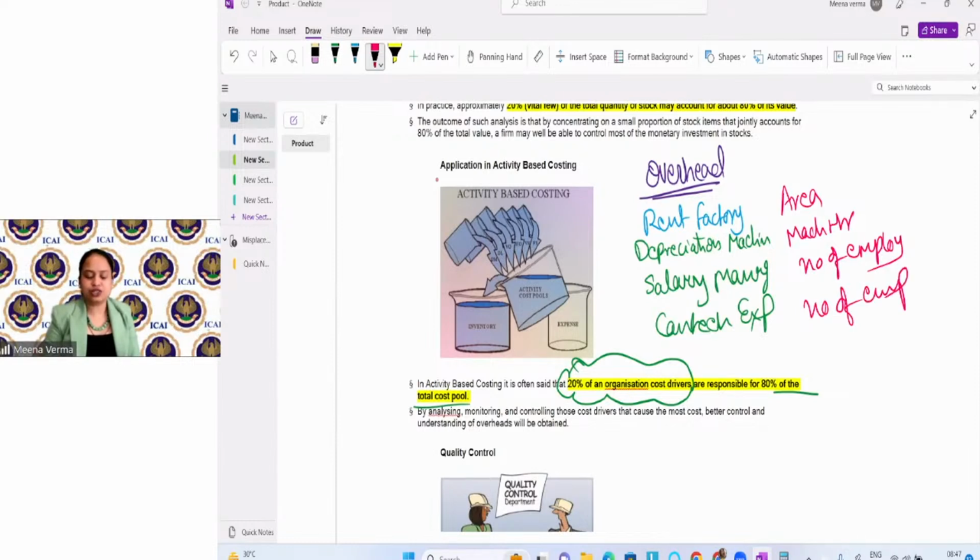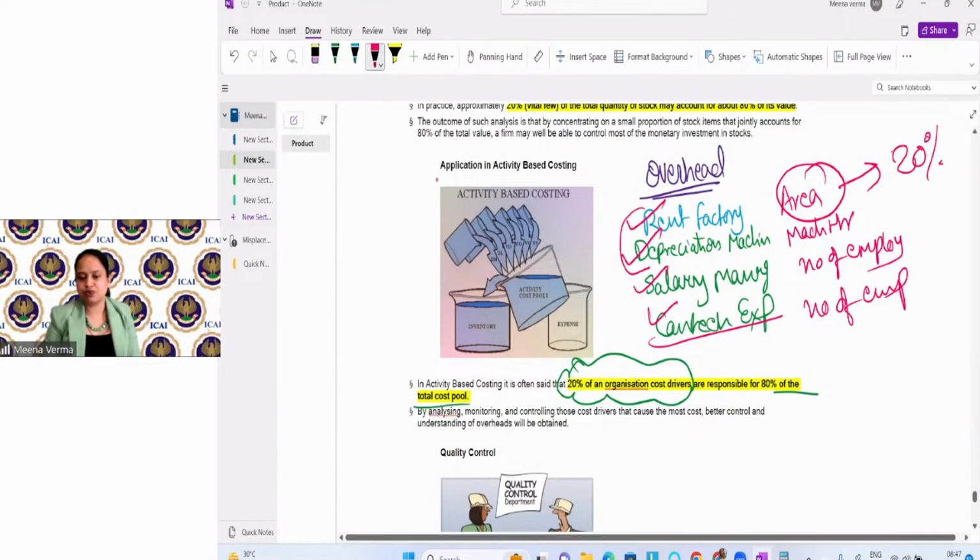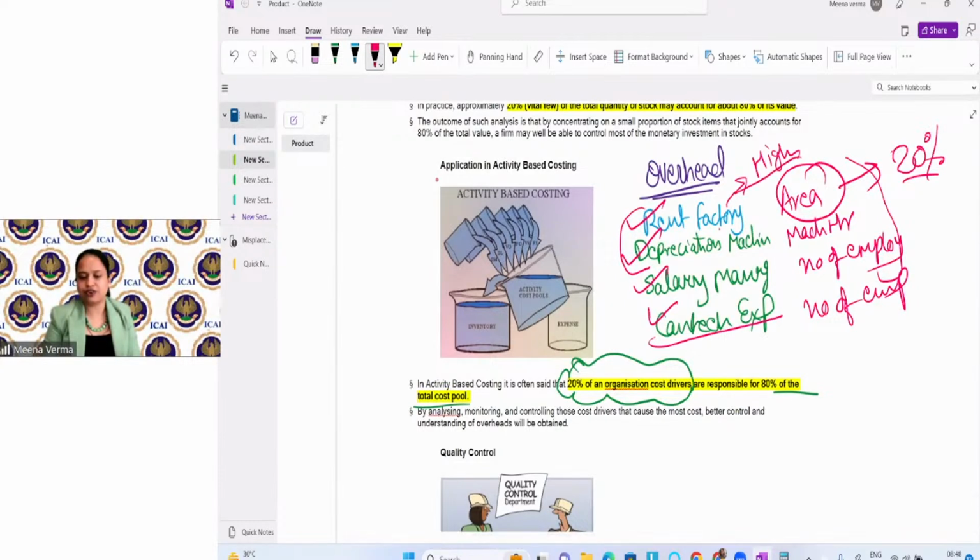Now, what is mentioned is that out of the total cost, 80% cost of the company is being driven by one cost driver. Maybe this is the 20% of cost drivers, and the highest cost, the high cost of factory rent, is here.